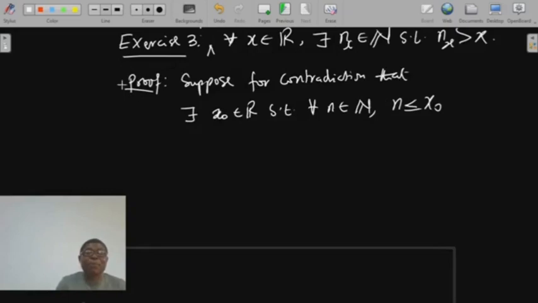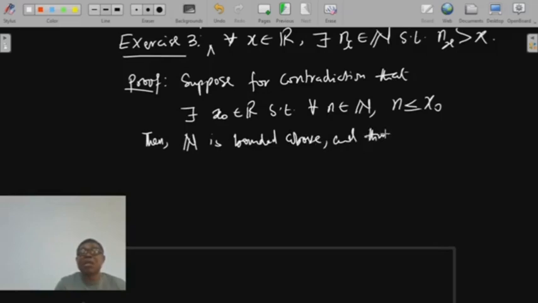Then this means that n is bounded above, and thus the supremum of n exists. That is what this translates to.